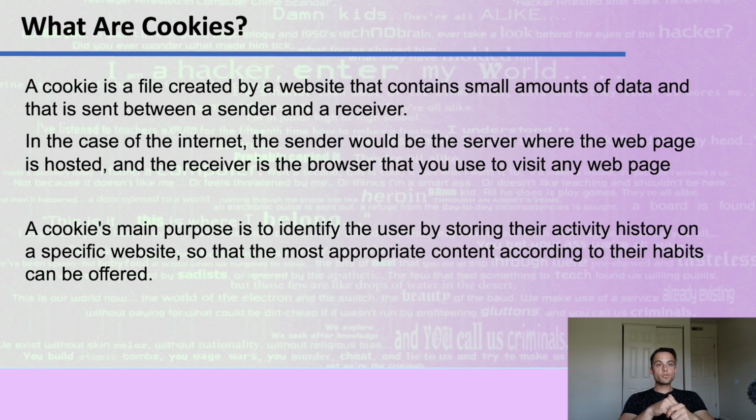So cookies are usually created by a website, and they're files with a very small amount of data, and this small amount of data is always being transmitted between the sender, which is usually the user, and the receiver, which is the website.